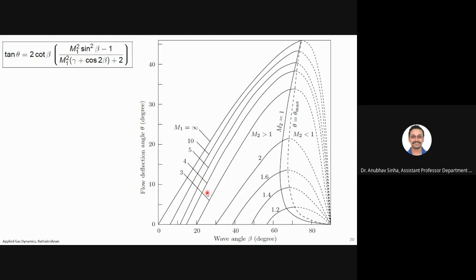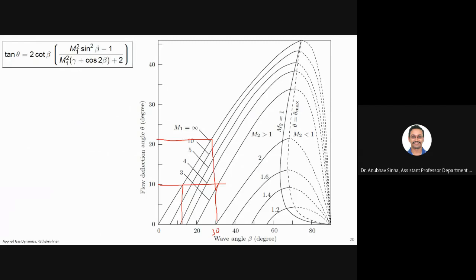As you can see, we have a smaller deflection angle for smaller Mach number. Let me draw a line. Let us say this is a 30 degree wave angle.